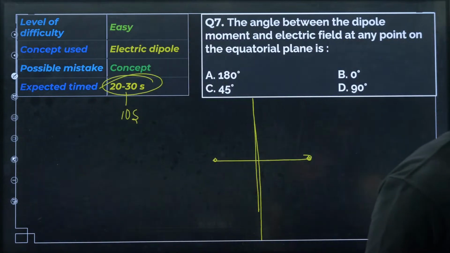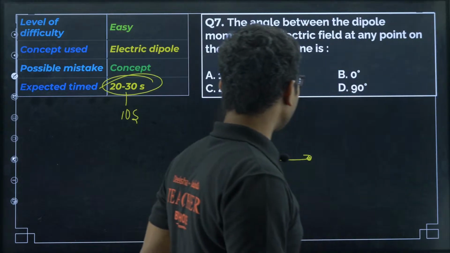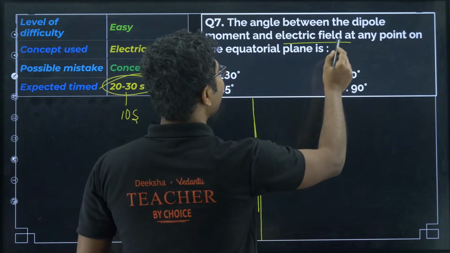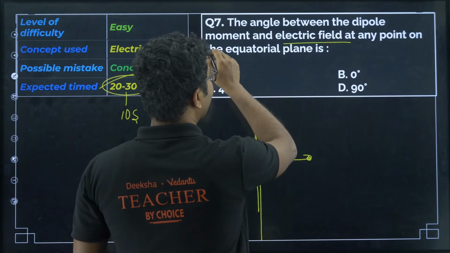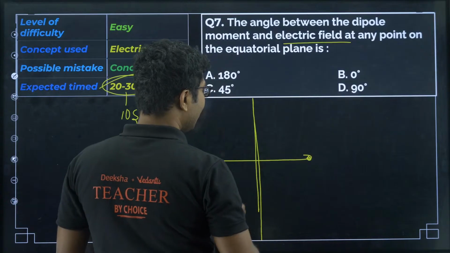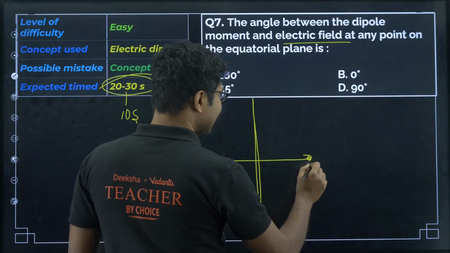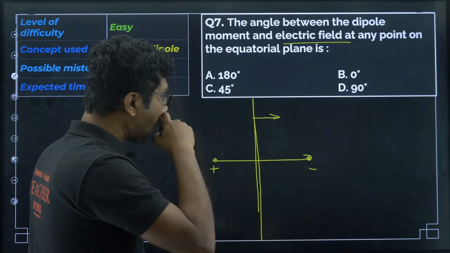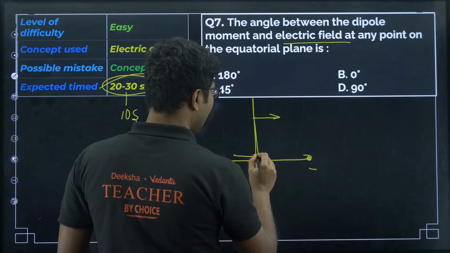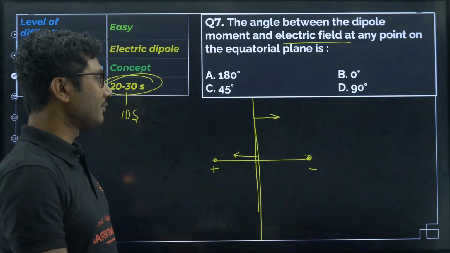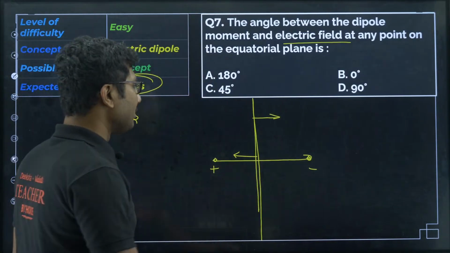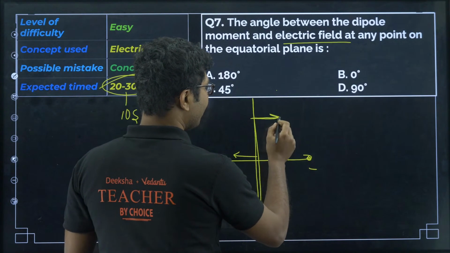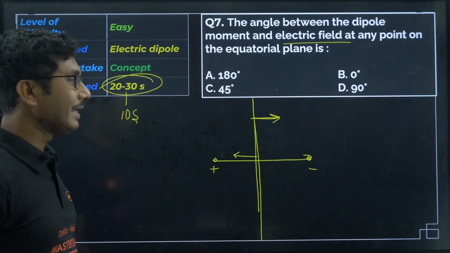7D. Shravya is saying 7D. Why Shravya? They have asked you to find the angle between the electric field and the dipole moment. Suppose this is positive, this is negative. The electric field will be in the positive x direction and the dipole moment will be in the negative x direction, as it is from negative to positive. If you have solved it, you remember that we take components like this, and the final addition is along the x direction.